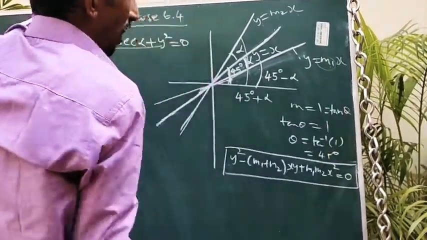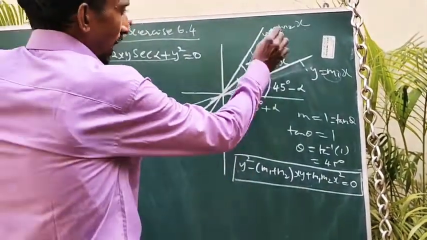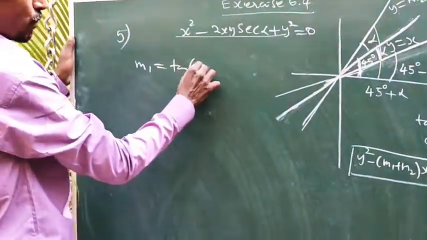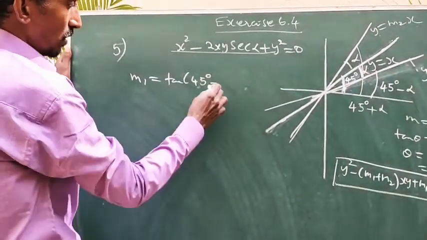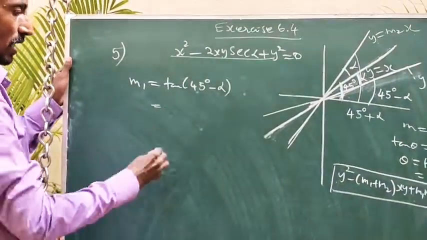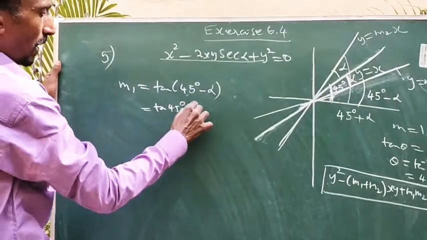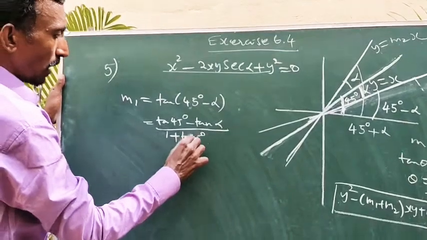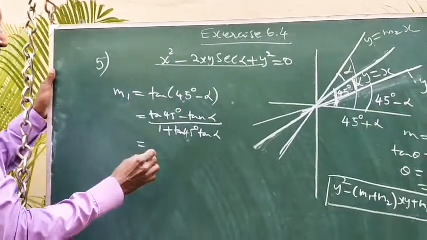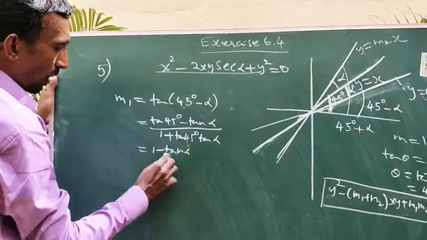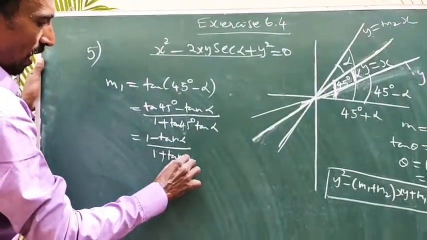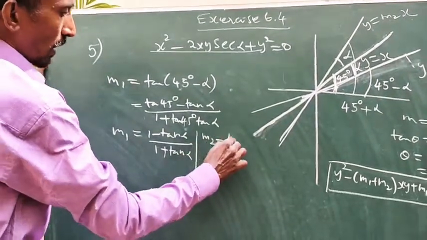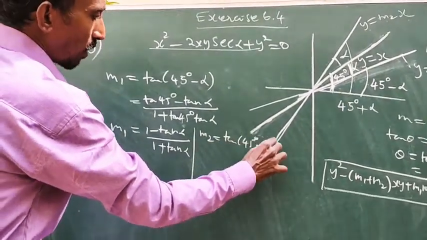Okay, using that formula we have to first find out m1 and m2. So m1 equal to tan 45 minus alpha. So tan a minus b, tan a minus tan b by 1 plus tan a into tan b. So tan 45 is 1 minus tan alpha by 1 plus tan alpha. Okay, so m1. Similarly, we find out m2, tan 45 plus alpha.